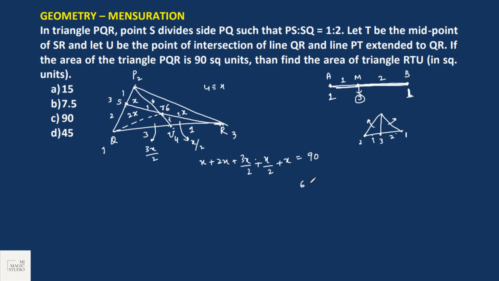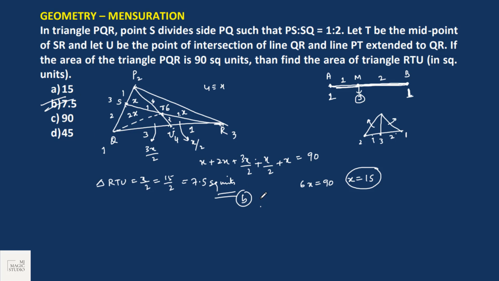Adding up, that means 6X is 90. X is equal to 15. What is the area of triangle RTU? RTU area is X by 2. That is 7.5 square units. Option B should be the pick.